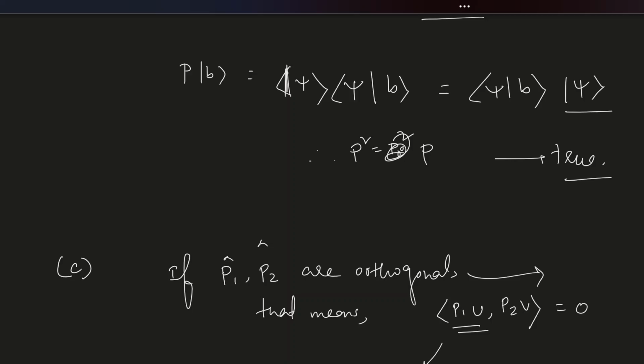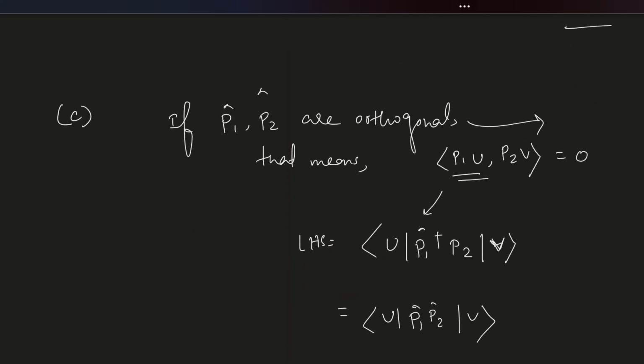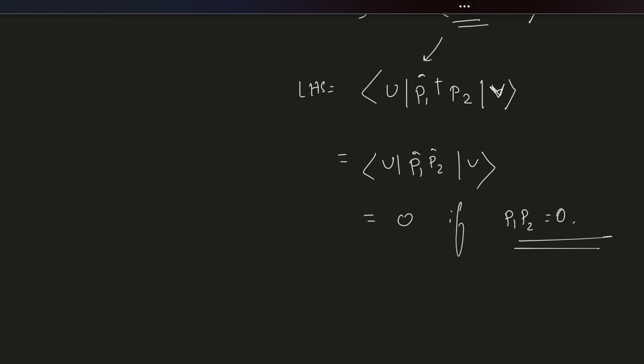So this is basically u, P1, P2, v. So this is only 0 if P1 P2 is 0. That means their product is 0. So it's true that for these two operators to be orthogonal, their product has to be 0. So option C is also correct.